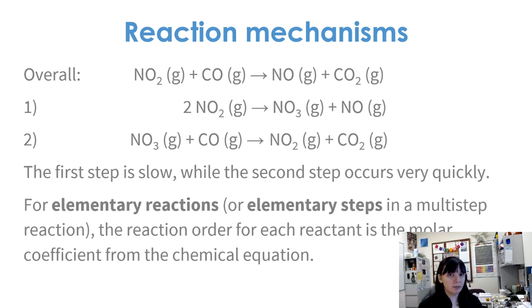Now, when we break apart our reaction into these mechanisms, those individual steps are referred to as elementary steps, or also elementary reactions. Elementary here means simplified. Think of elementary school as baby school, or like elements are the most basic form of matter.